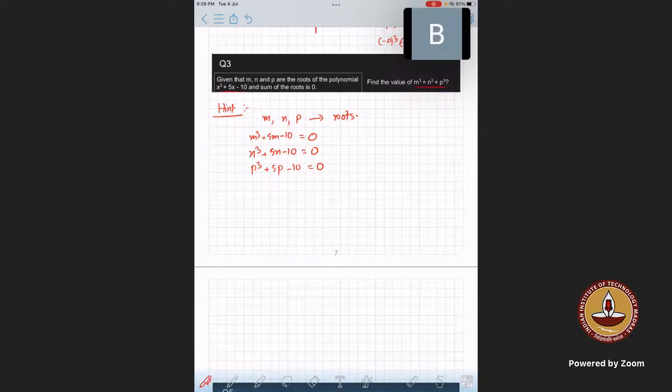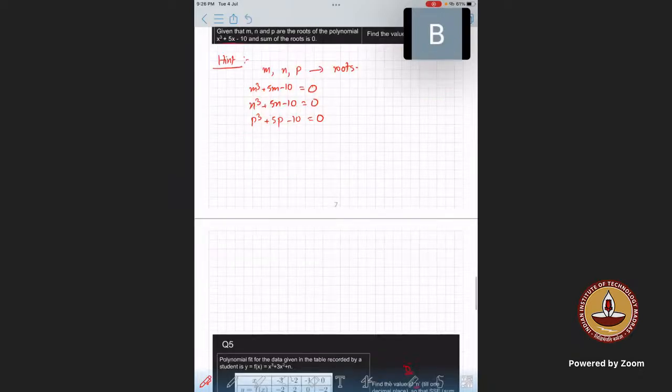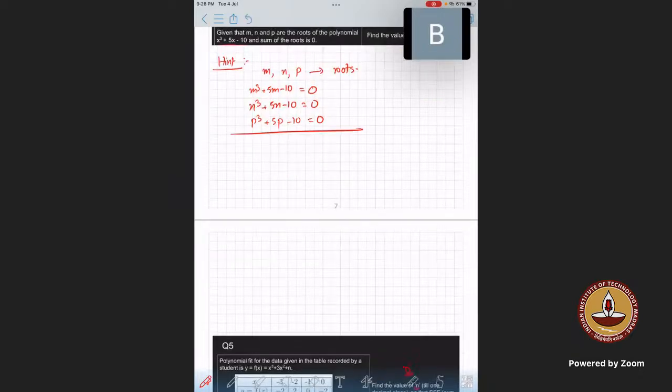Okay, I'm explaining this. Just add all these things. m cube plus n cube plus p cube, plus taking 5 common, 5 times m plus n plus p, minus 10 minus 10 minus 10 equals 0. We don't know m cube plus n cube plus p cube.